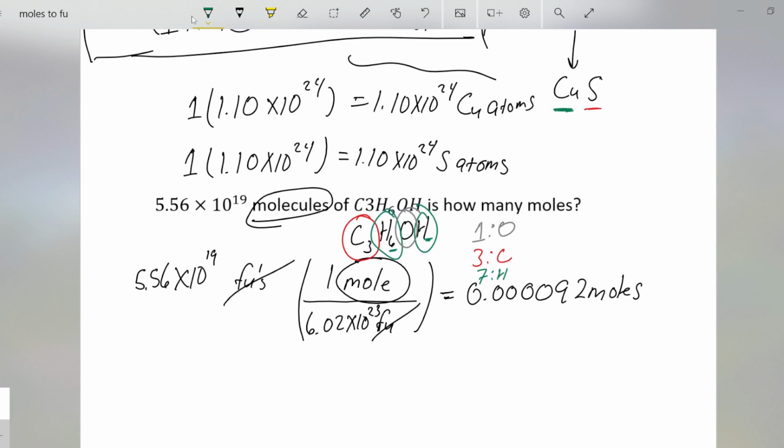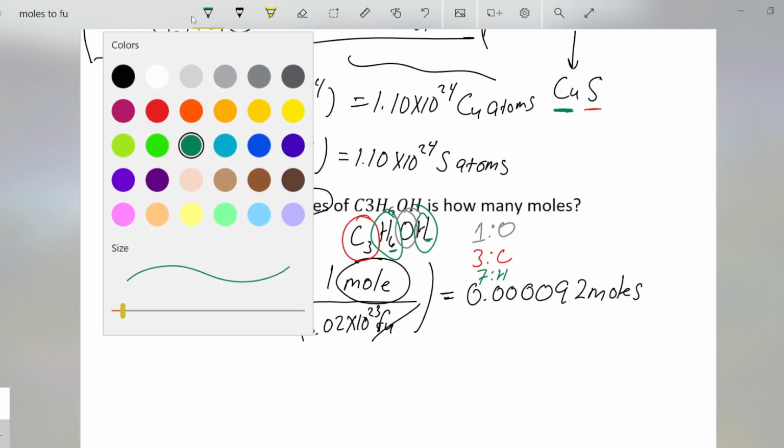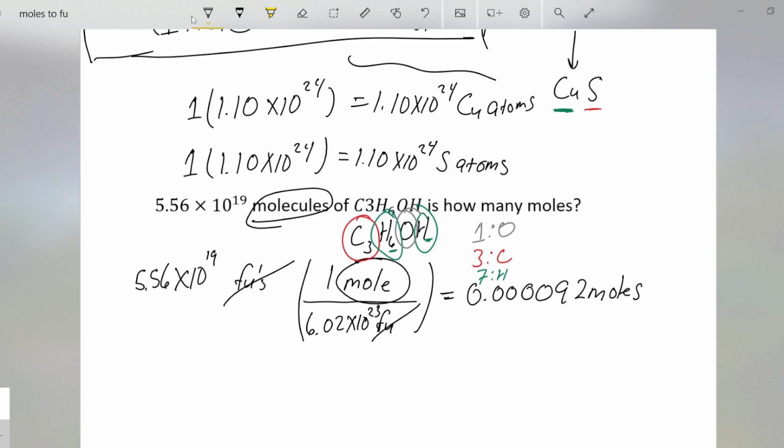This is like saying I have 5.56 times 10 to the 19th cups, and each cup will hold 7 green balls, 3 red balls, and 1 gray ball. And then I need to figure out how many balls I have if there are 5.56 times 10 to the 19th of these cups. So to start with the gray balls, which is going to be pretty easy, that will be just 1 gray ball in each of the 5.56 times 10 to the 19th cups.